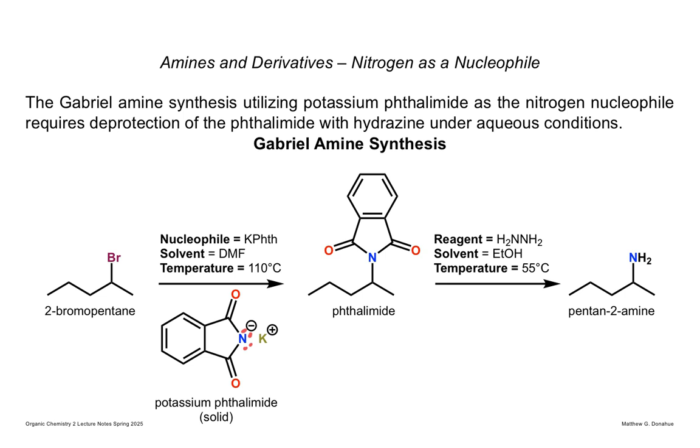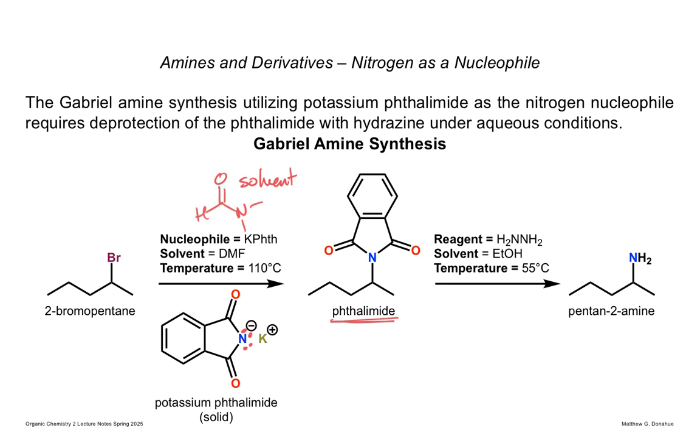So the solvent is DMF. So that's a polar aprotic solvent, good for SN2. You're substituting the bromide for the phthalimide. So notice that word there.